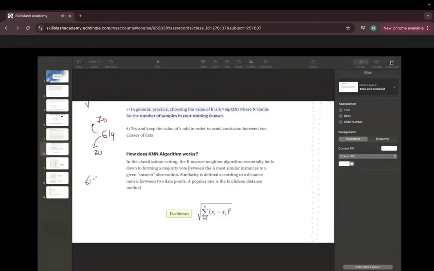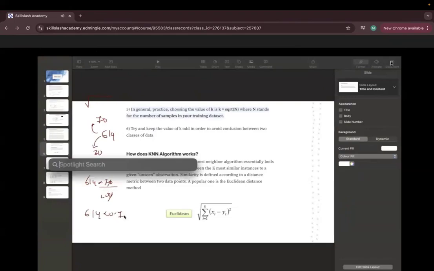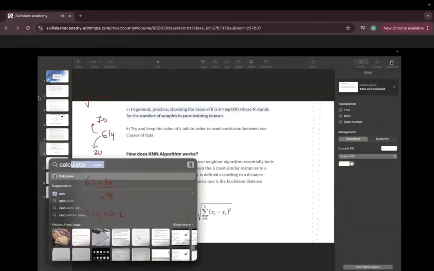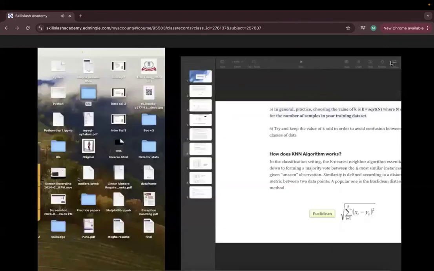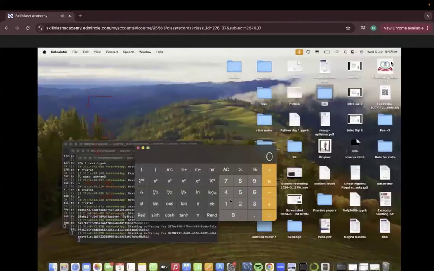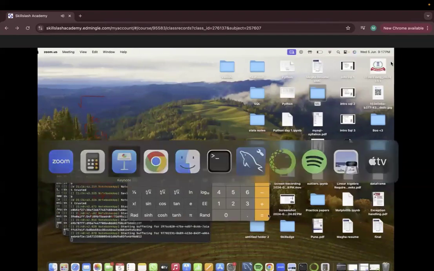Let's find 70% of 614. 614 multiplied by 0.7. I don't have the data open. 614 multiply 0.7 is 429.8, or you can consider that as 430.